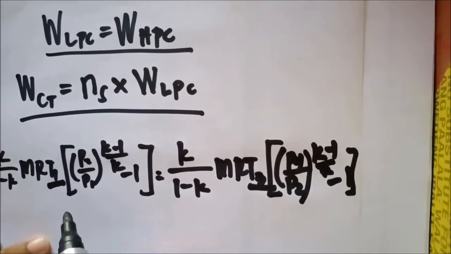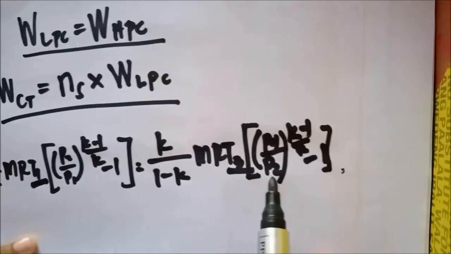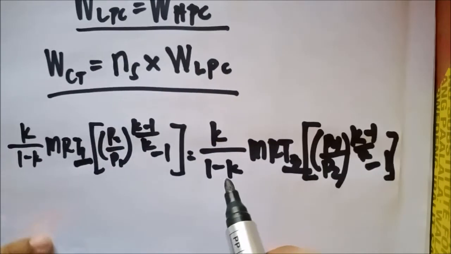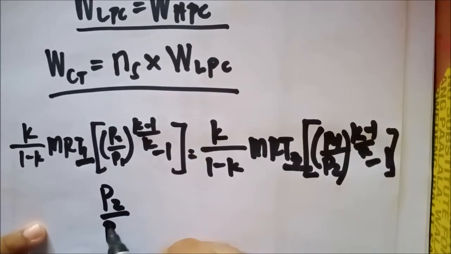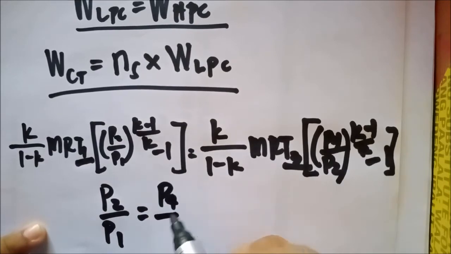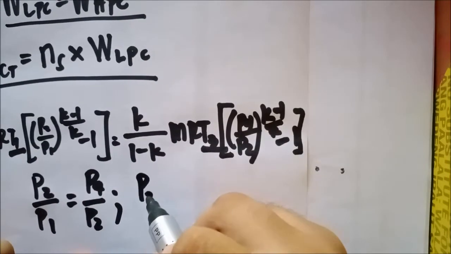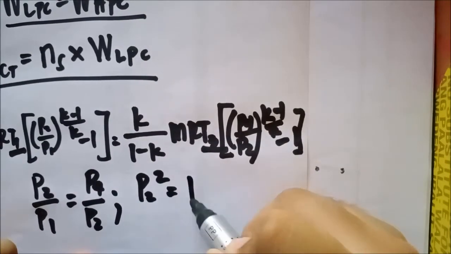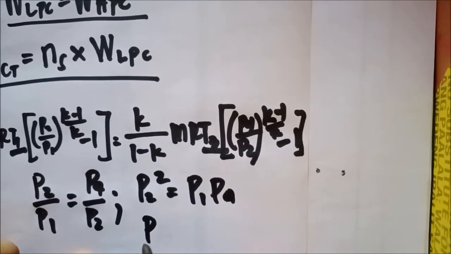The only difference is the P2 over P1 and the P4 over P2. So all of the values will cancel out. What will remain is the pressure ratios. So when you do the algebra, we will find the root.